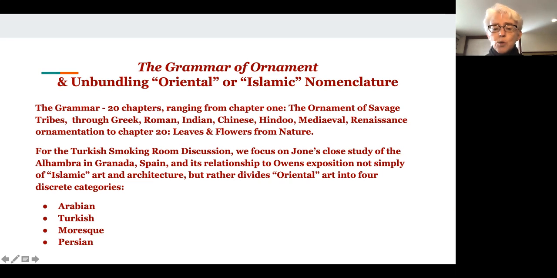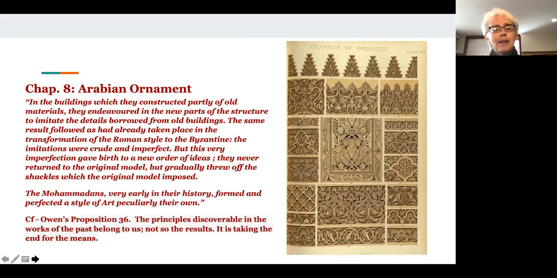And I'm hoping that this will help us sort of dissemble or unbundle a little bit the idea of Islamic art and architecture versus Oriental versus Turkish. And I'm going to just focus on how he presents each of these 4 styles of ornamentation. And he's a man of very strong opinions, as we will see in each of these next slides.